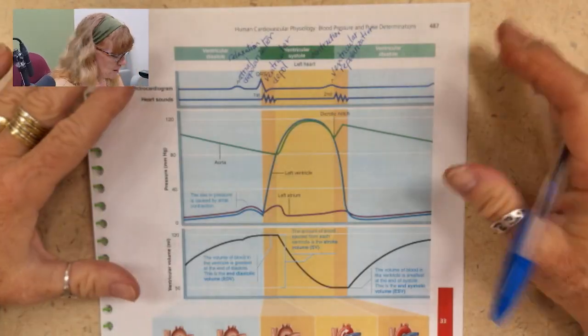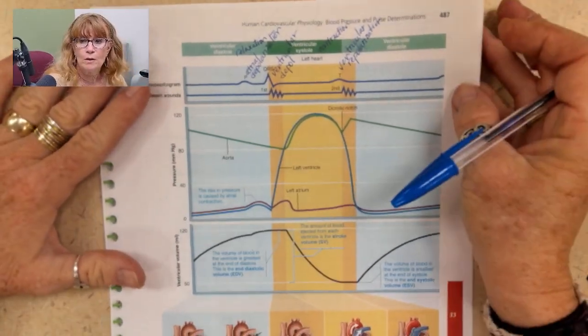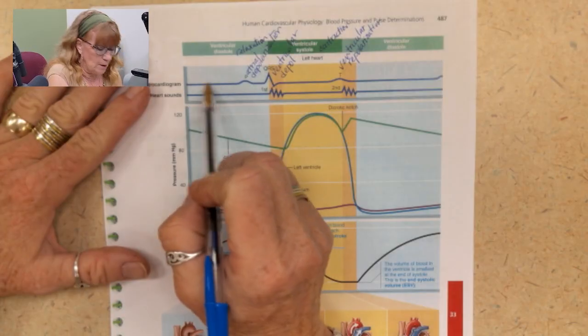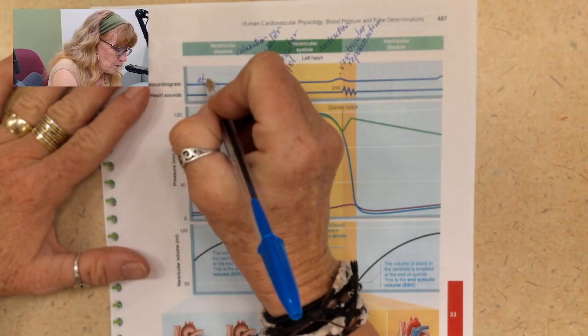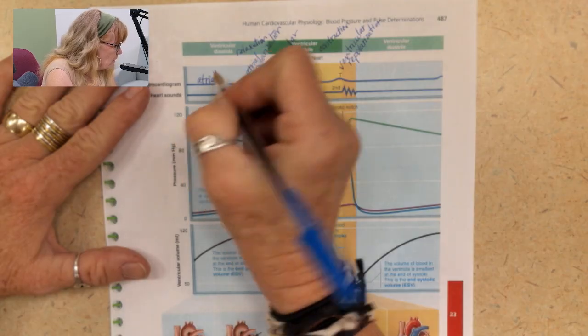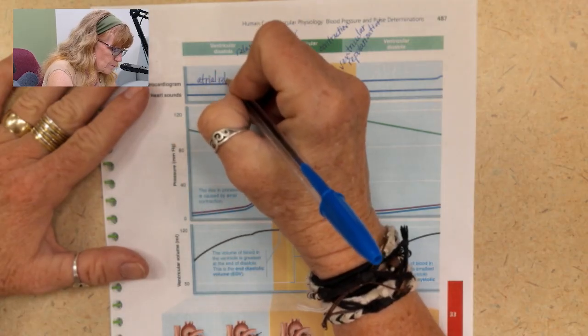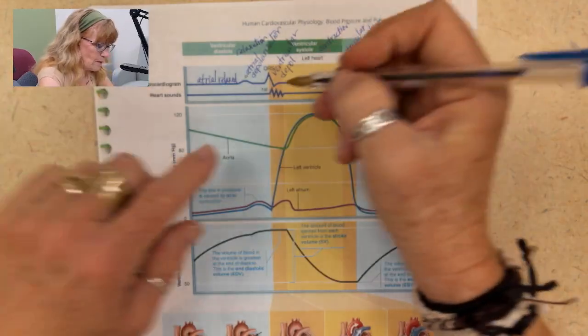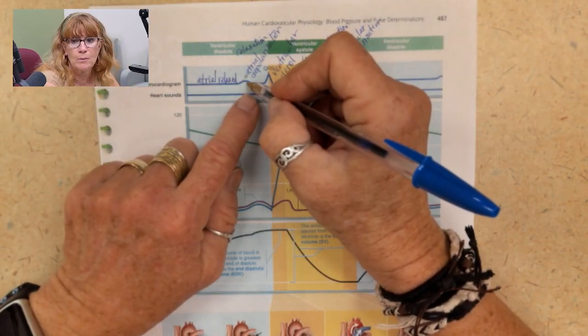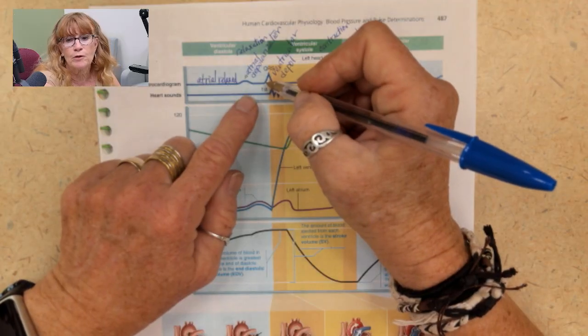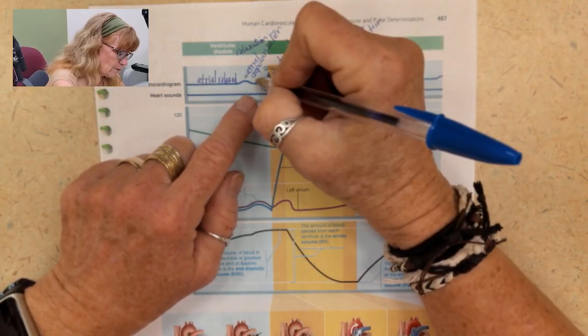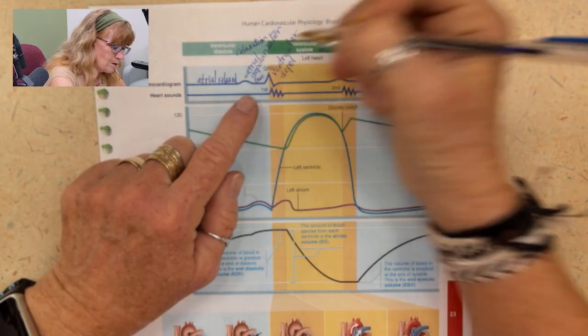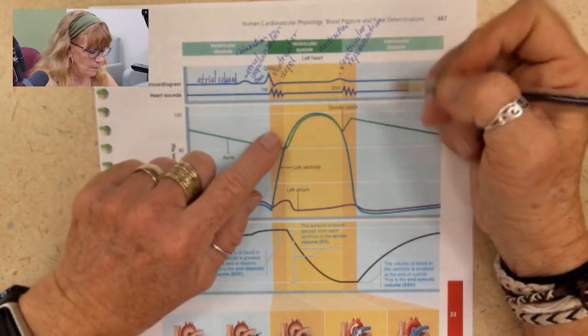Okay. All right. So during this time period right here, our atria are going to be relaxed. And then in this little period between the P, what we refer to as the PR interval, we're going to have atrial contraction. I'm just going to put that in there. You don't need to remember the contractions.